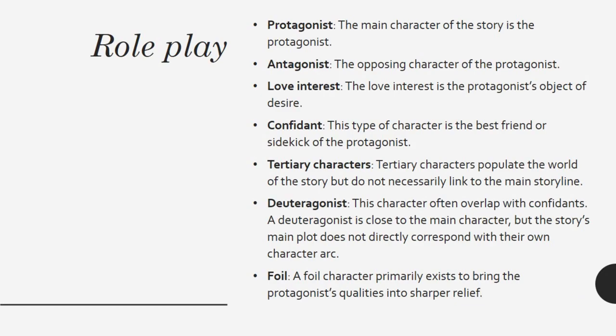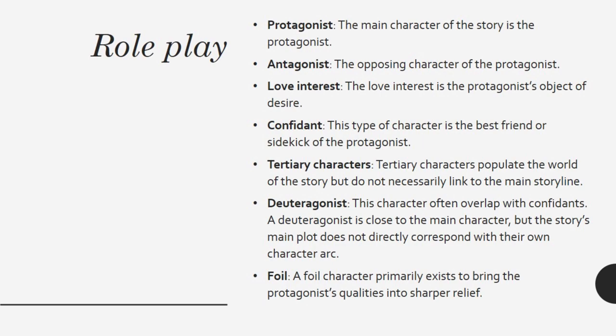The opposite character of this protagonist is the antagonist. The antagonist is the opposing character of the protagonist. He or she opposes the major character, and stories that have more than one character would definitely have an antagonist opposing the protagonist.